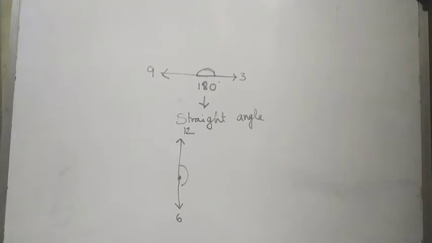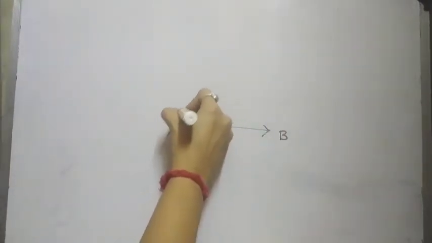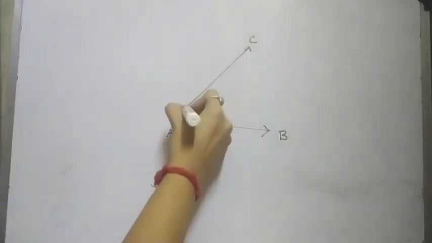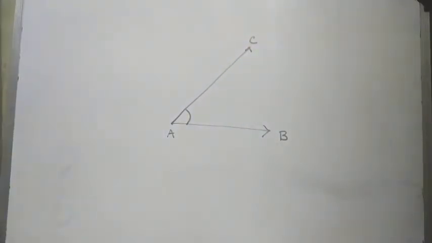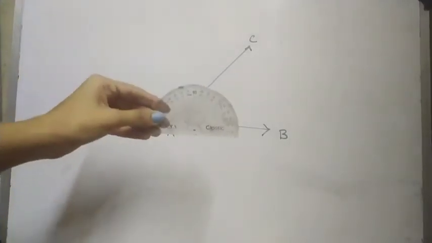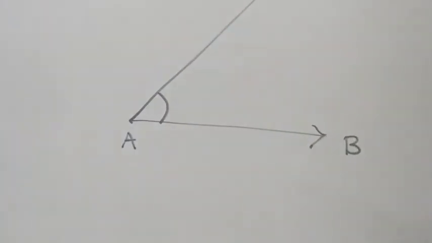Now if some angles are given, how will we measure? Suppose this kind of example is given. It is saying this is AB, and another point C. Now they are asking us to measure this angle using the protractor. You will place this protractor here, I am showing you by zooming.